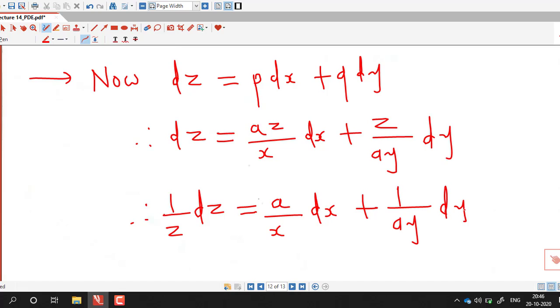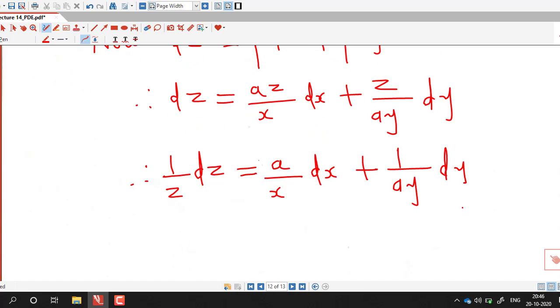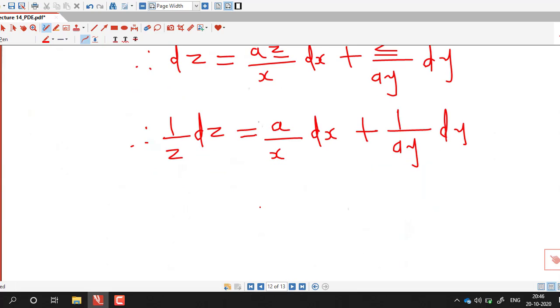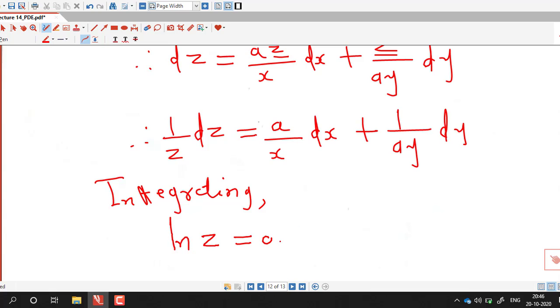Okay, so you can see we have taken this z common from both the terms and we are transferring it to the left hand side. So we can see this is separable. So integrating, we obtain log z equal to a log x plus 1 by a log y plus constant of integration we write as log b.